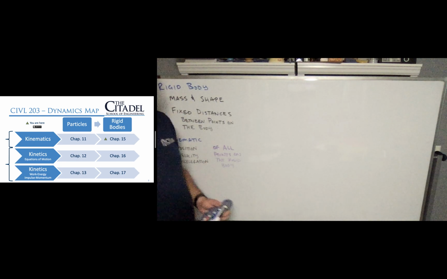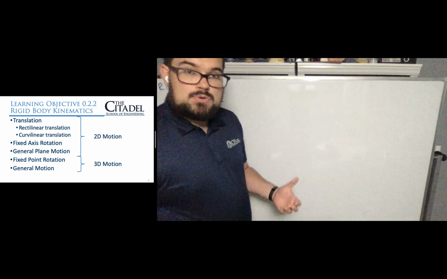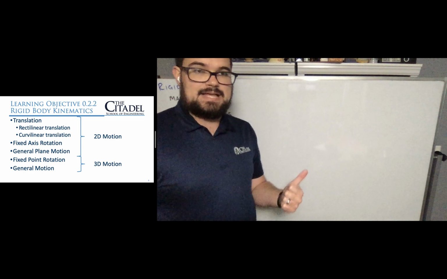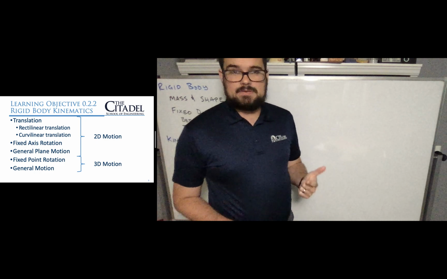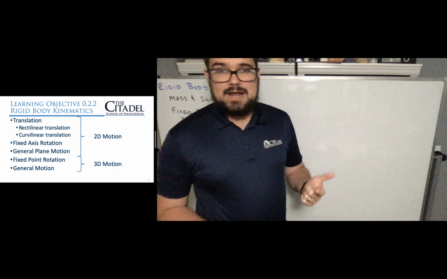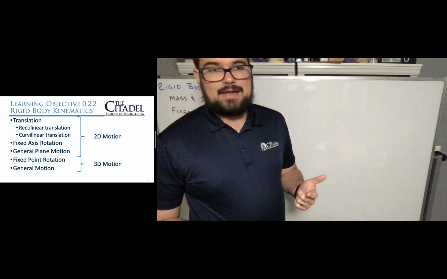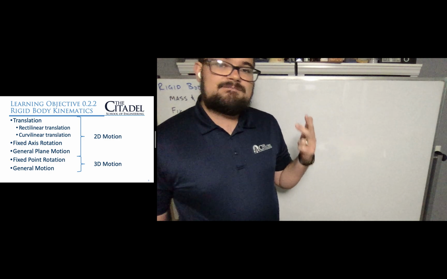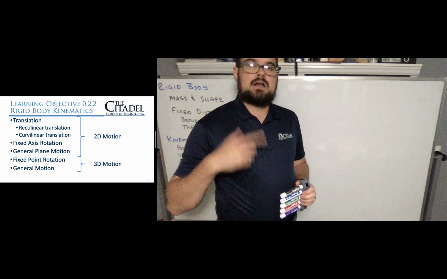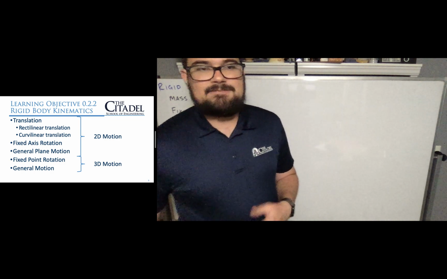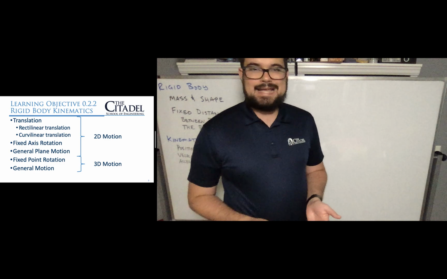Now, when we think about all the different ways things can move, things can translate, and they can translate using rectilinear translation or curvilinear translation. And there are some great figures in your book on how that works. We can then talk about fixed axis rotation, which will be our next video, where things spin around a fixed axis. And then finally, we can talk about general plane motion.